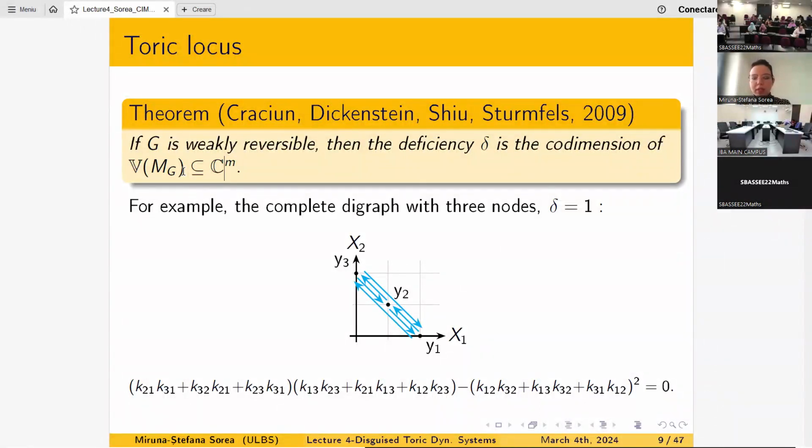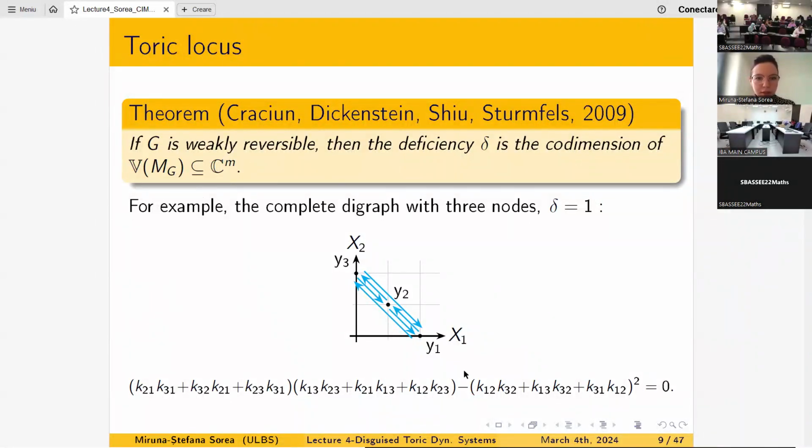So what I was saying with the set of Lebesgue measure 0, it's actually made precise by this theorem. In general, in applications, many times the deficiency is positive, so the toric locus happens to be of Lebesgue measure 0 in the parameter space.